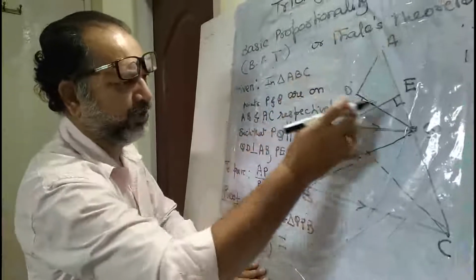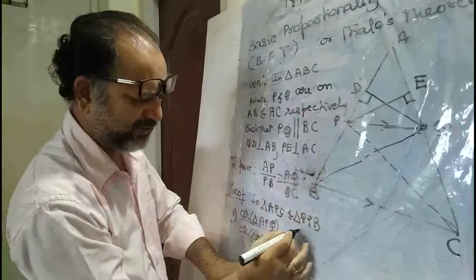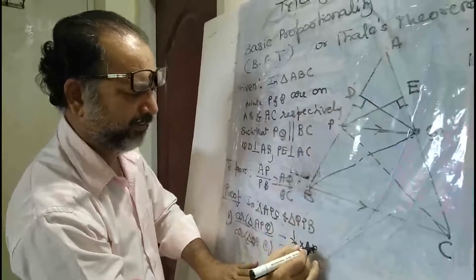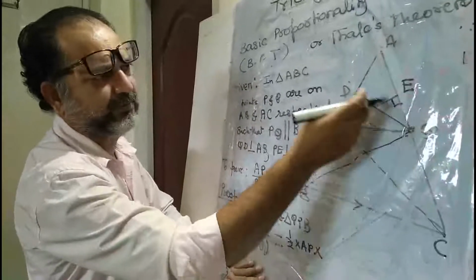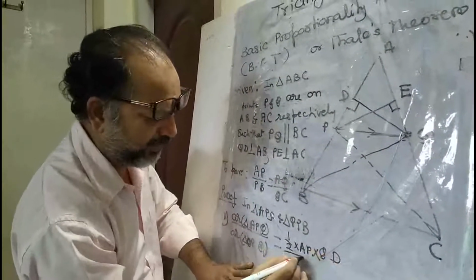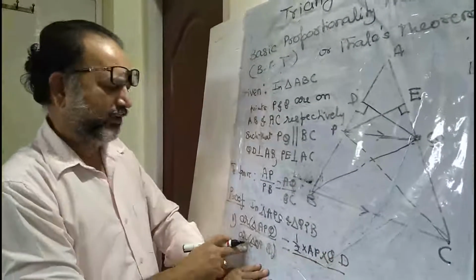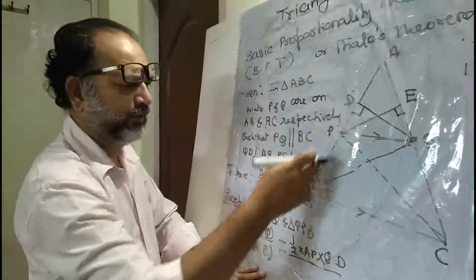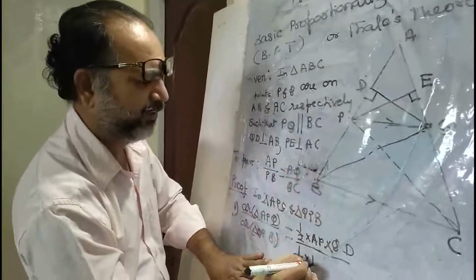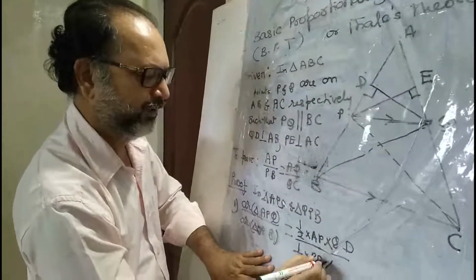Now for this triangle, we will take this as the base. So half multiplied by AP multiplied by the height. Height means the perpendicular from the opposite vertex. In this case, it is QD, divided by area of triangle QPB. We will take this PB as the base, so half multiplied by PB multiplied by height.